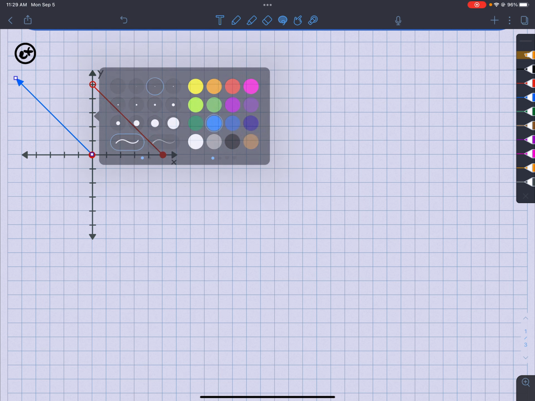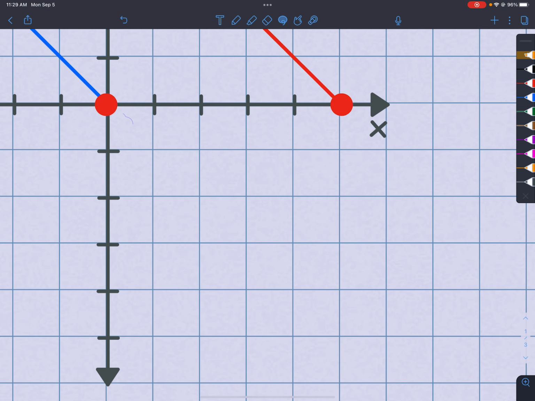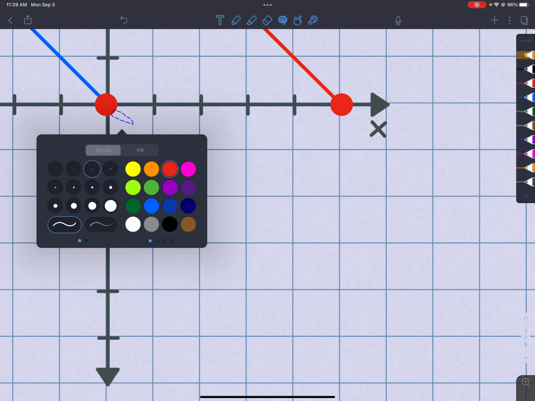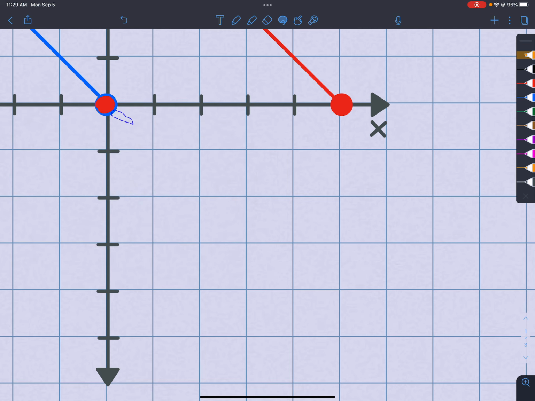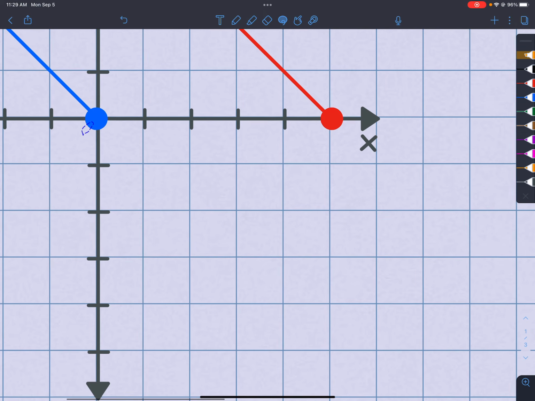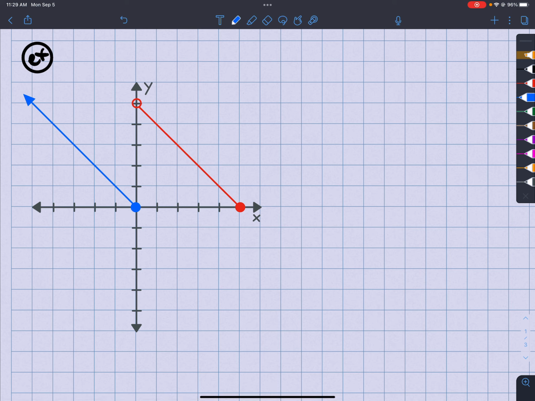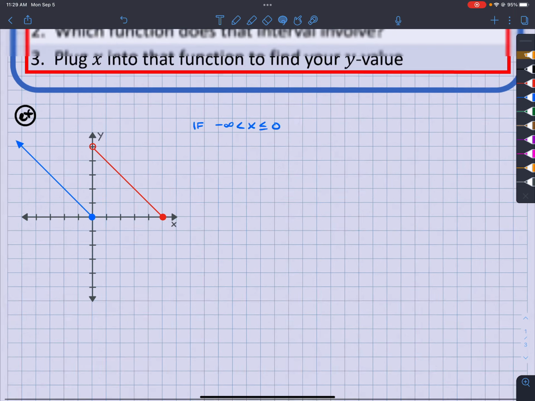Let's make this blue. Okay, so let's look at the blue line. The blue line involves when x is between negative infinity and, since this is a closed circle, it includes 0. All right. So that's the first thing we know.